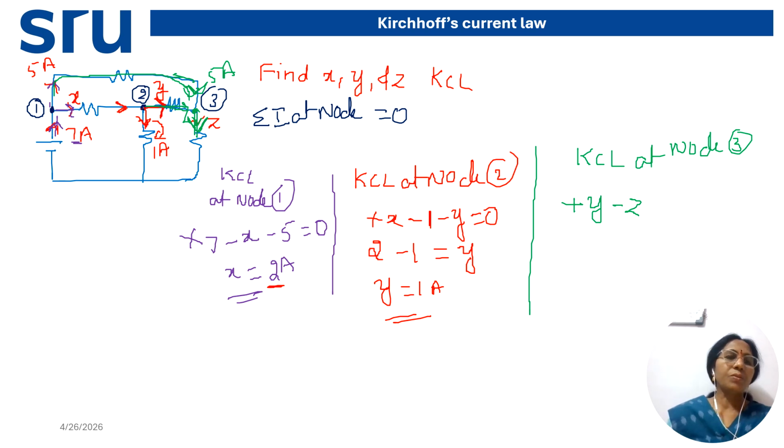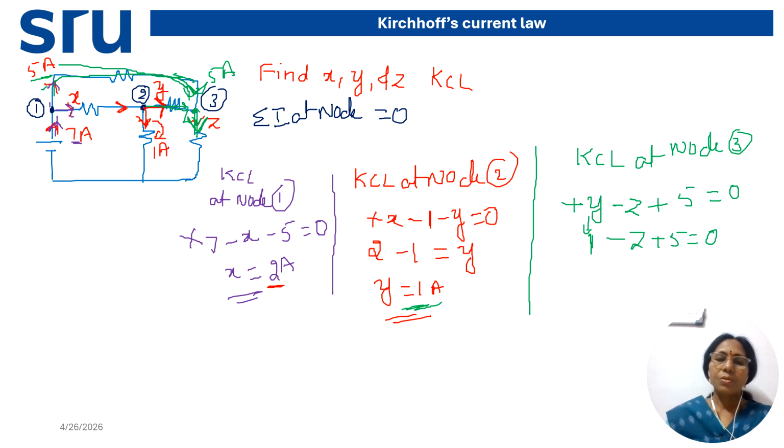This 5 ampere current is flowing towards node 3, that is why towards means plus 5 equals to 0. Okay. So we already got Y value 1. Here I am substituting Y value 1 and minus Z plus 5 equals to 0. So what is your Z value? 6. Is it right? Okay.